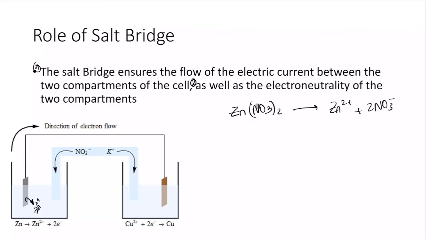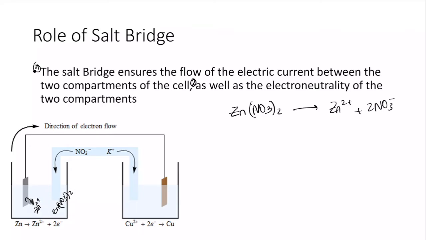Concerning the charges, this is neutral. We have 2 plus here and 2 minuses here, so the charge is equal to 0. The zinc nitrate inside the solution is neutral.